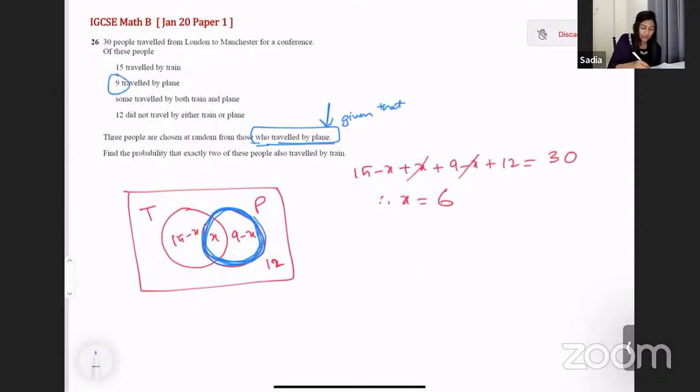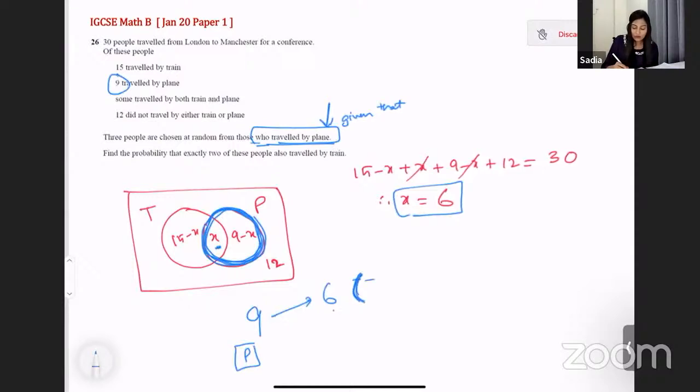Total plane was 9. So from this 9 people, some traveled by plane and train, which is 6, right? X is 6. So from these 9 people traveling by plane, we have 6 people who have also traveled by train. And the remaining 3 are T prime.